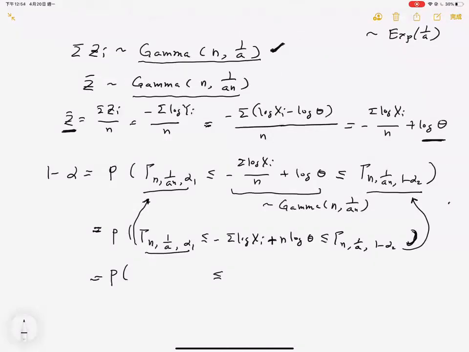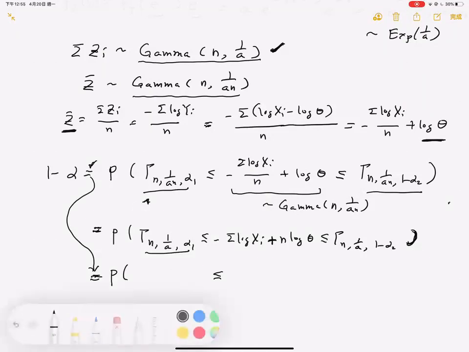Let me work on which one. I'm going to work on this guy right here. Taking a bunch of these things, I'm going to write here. It's much easier because I like log theta in the middle.